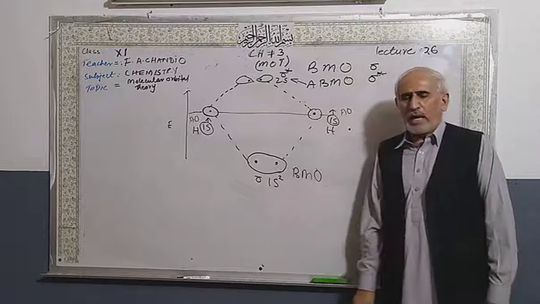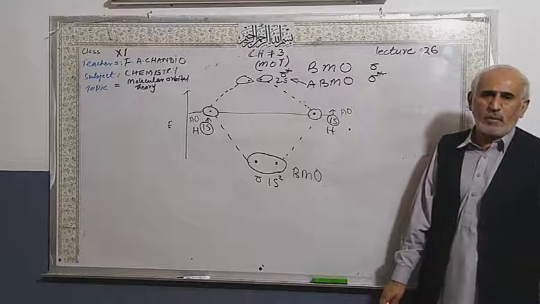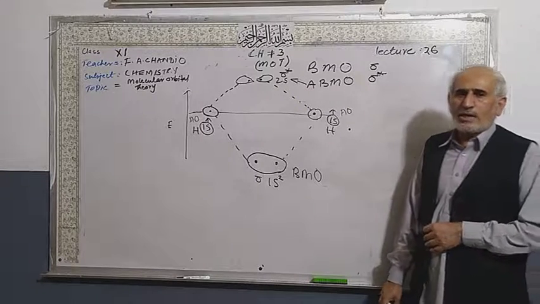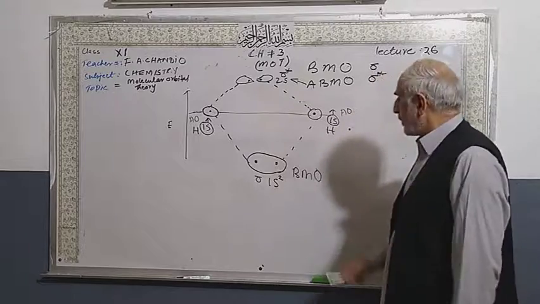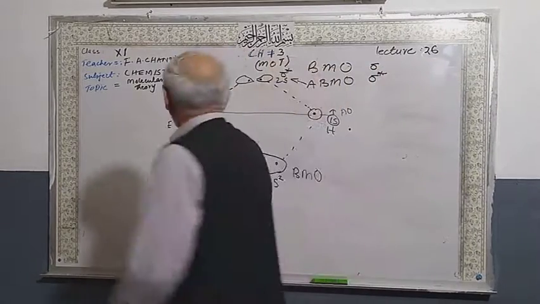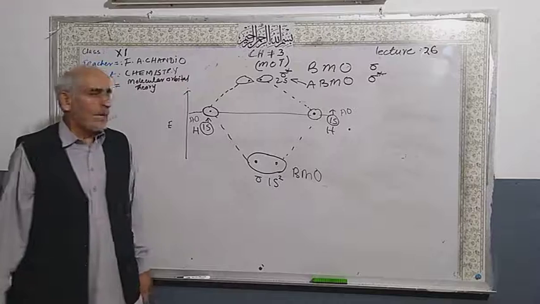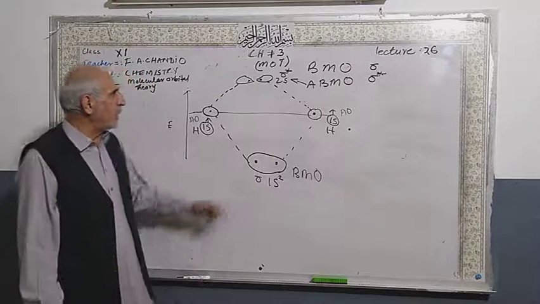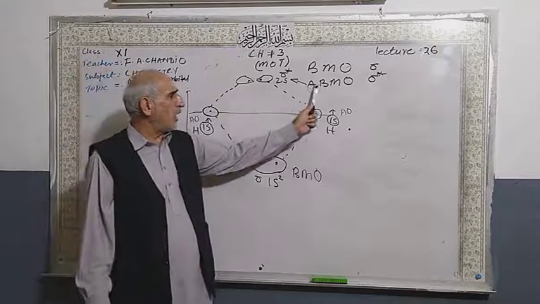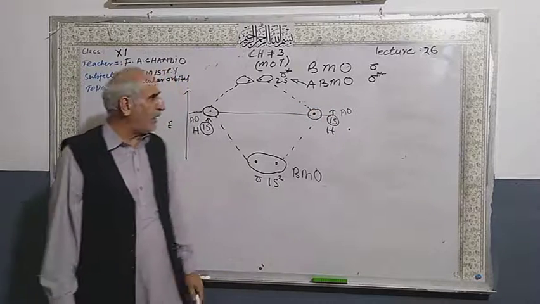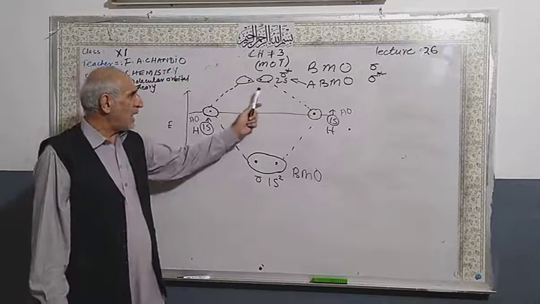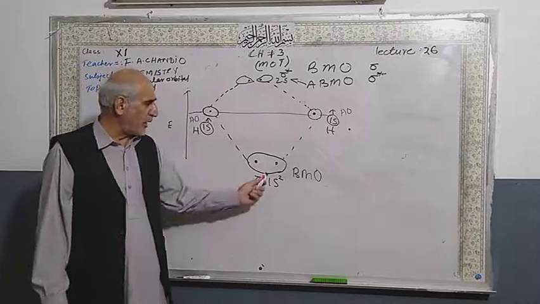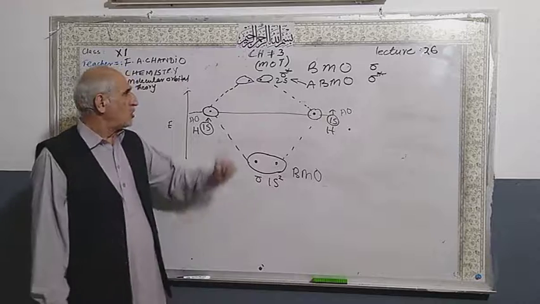The bond in the hydrogen molecule is a sigma bond, a strong, stable bond with lower energy, the bonding molecular orbital. Then, according to the definition, the other is called the anti-bonding molecular orbital, 2s, and no electron is there because the two electrons are present in the bonding orbital.